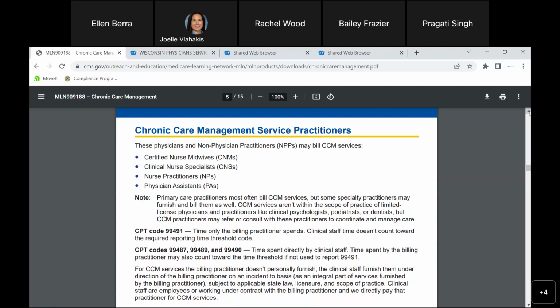Number one, in a revenue stream, Medicare has assigned value to these procedure codes and to these services. And so it provides a revenue stream, but it also provides time for your physicians and practitioners. Because this patient is being taken care of through that clinical staff under the general supervision of the physician or non-physician practitioner, that frees up time for your physicians to actually be seeing other patients.